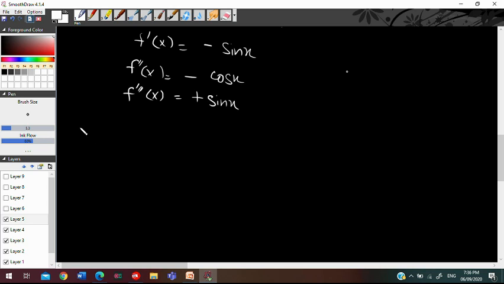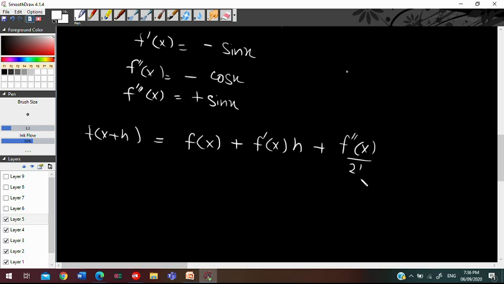So just write the statement of Taylor's theorem, and that is f of x plus h is equal to f of x plus f prime of x h plus f double prime of x over 2 factorial h square plus f triple prime of x over 3 factorial h cube plus up to so on.